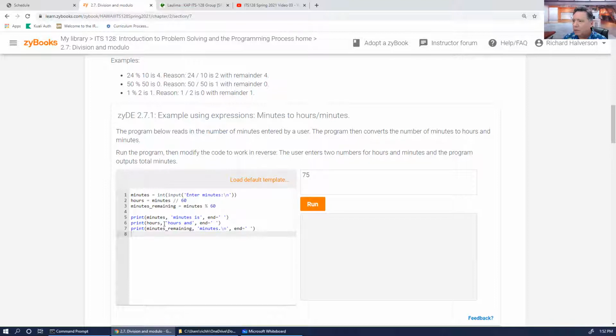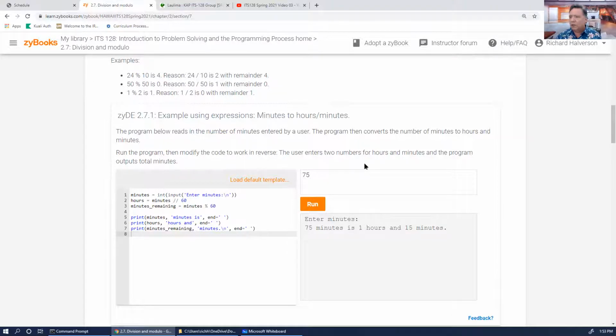So let's say you enter in 75, and let's run this and see what happens. And modify the code to work in reverse, where a user enters 2 numbers for hours and minutes, and it returns a total number of minutes.